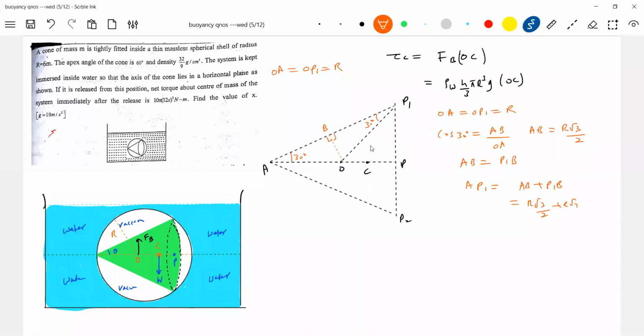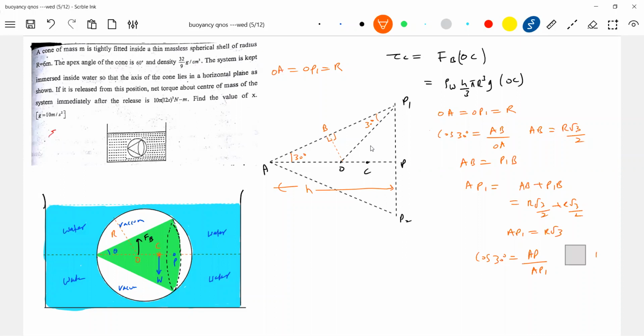If you know that, can we calculate the height? The height of the cone is AP, no? Now from that triangle, cos 30 should be equal to AP by AP1.